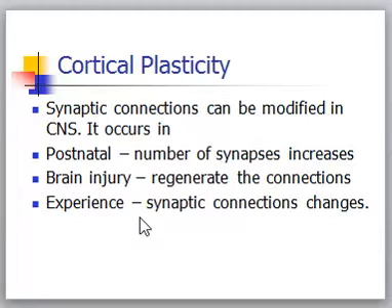Suppose the opposite person is behaving like an opponent. Immediately the concerned person will change their behavior. Next time, which is experience, in the second or third time they modify and change their behavior. These things come under synaptic connection changes by experience.